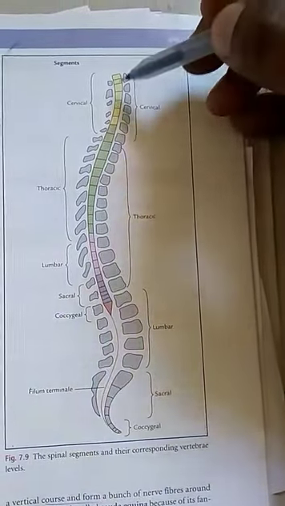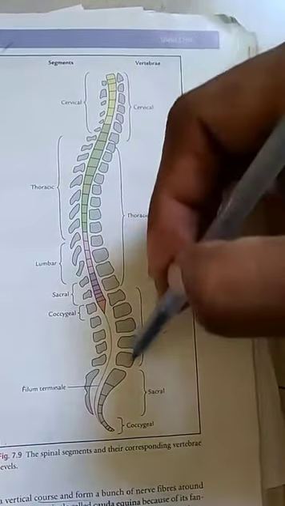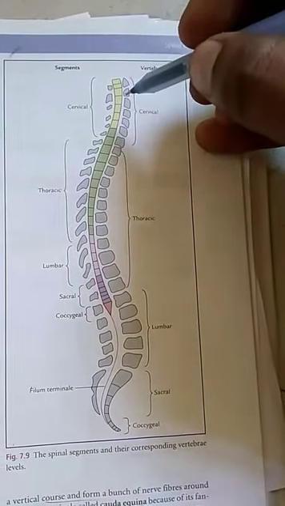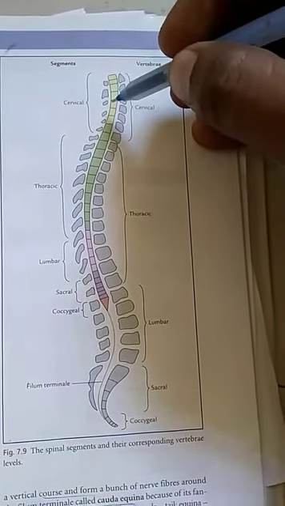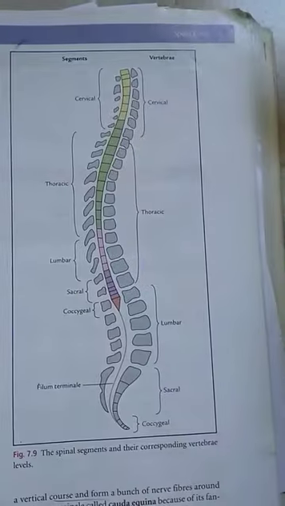But as the length of the spinal cord is comparatively shorter than the length of the vertebral canal, the corresponding spinal segment will be somewhat higher than its numerically corresponding vertebra.